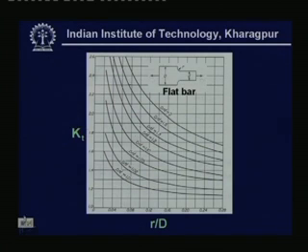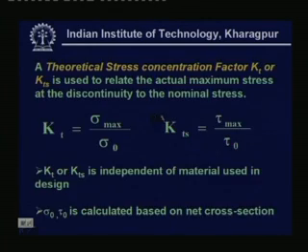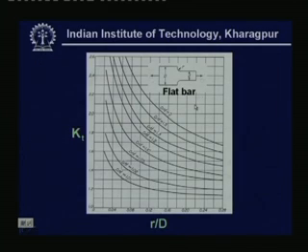For this situation of the flat bar under tension having these geometrical irregularities, you can have the value of the kT with respect to the r by d ratio, and for a given ratio of D by d you get a series of curves like that, where knowing the r by d ratio, you can say for this 0.12 you get a value over here, for a D by d of 1.2, and you can get the value of the kT.